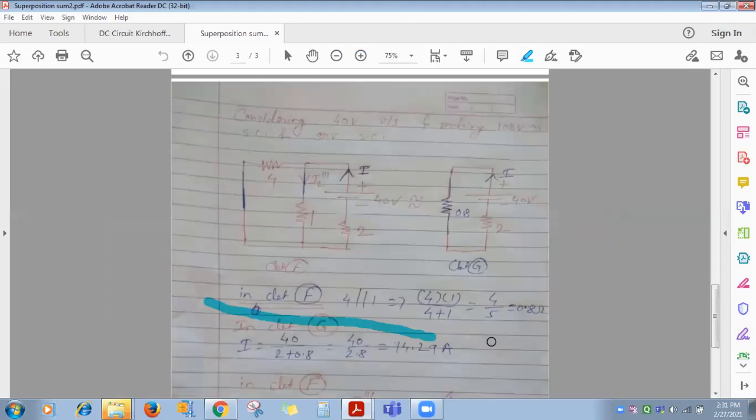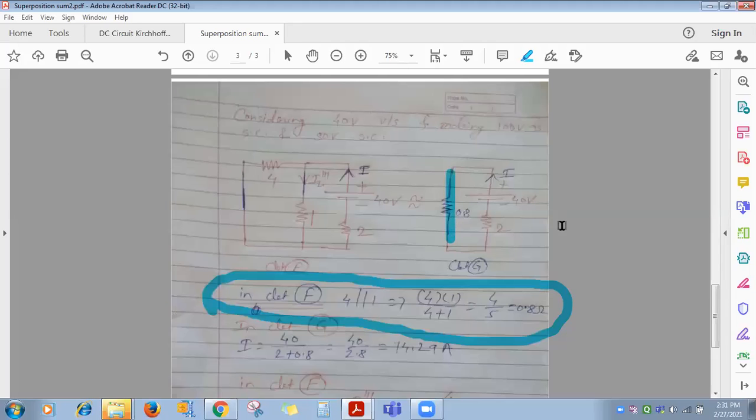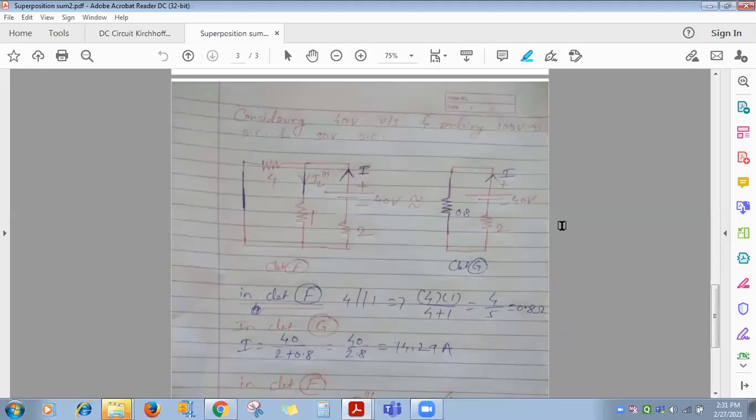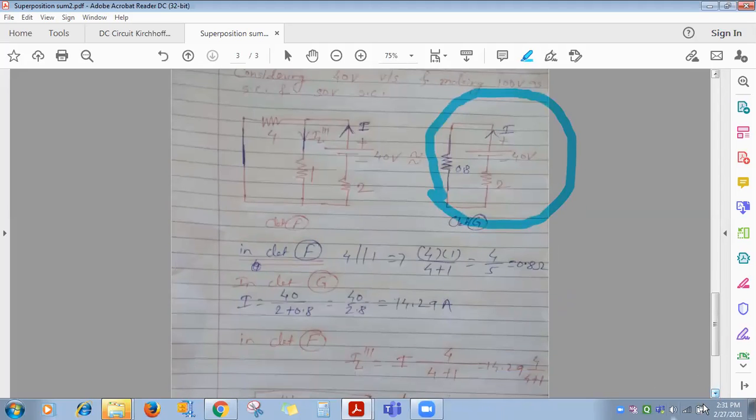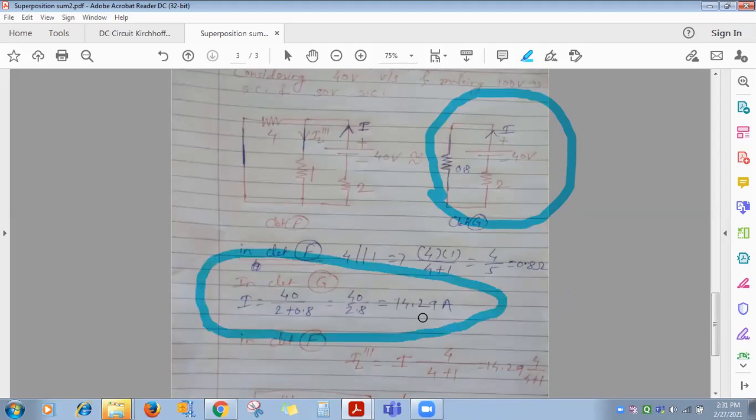See here, I have written in circuit F, 4 and 1 ohm in parallel, so it is 0.8 ohm. And that will be in series with 2 ohm, and the voltage source is 40 volt. So find out the total current using Ohm's law. Total current you will get as 40 divided by 2 plus 0.8, so 14.29. Clear up to this?